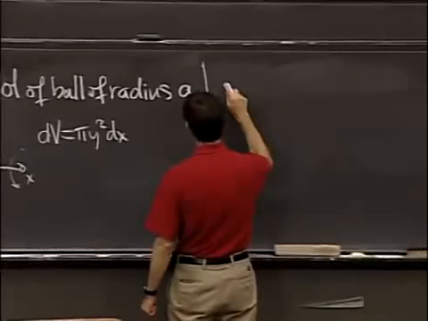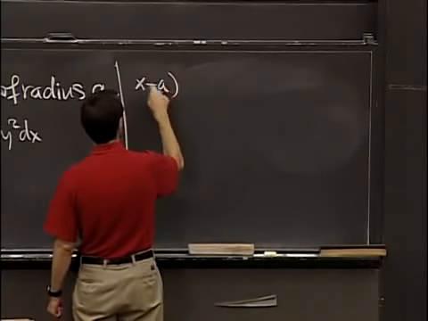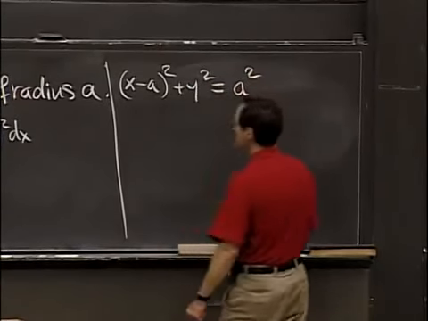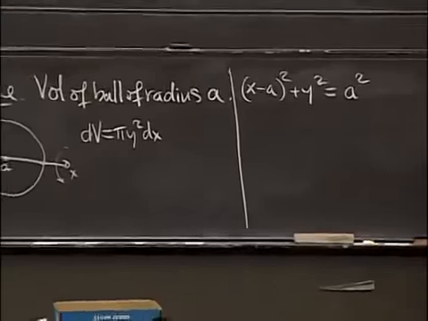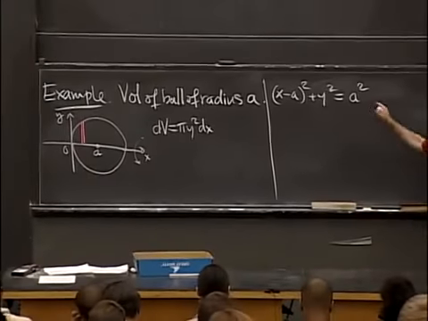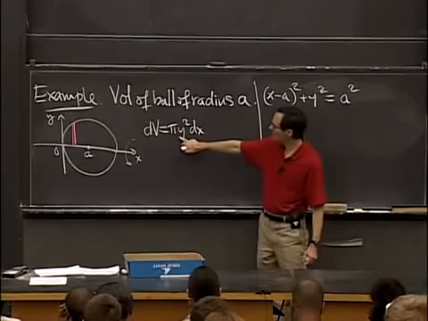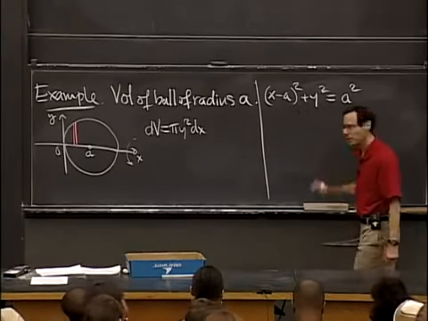And in order to do that, what we're going to do is just write down the equation for the circle. This is the circle. It's centered at (a, 0), so that's its formula. And now there's one nice thing, which is that we really didn't need to find the formula for y. We only needed to find the formula for y squared.